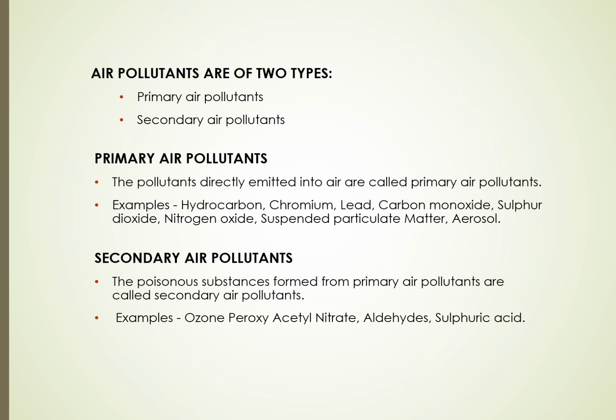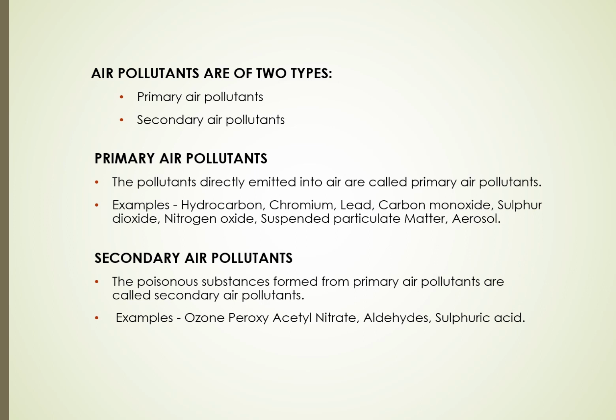Air pollutants are of two types. They are as follows: primary air pollutants and secondary air pollutants. Primary air pollutants are the pollutants directly emitted into air. Examples of primary air pollutants are hydrocarbon, chromium, lead, carbon monoxide, sulfur dioxide, nitrogen oxide, suspended particulate matter, and aerosol.